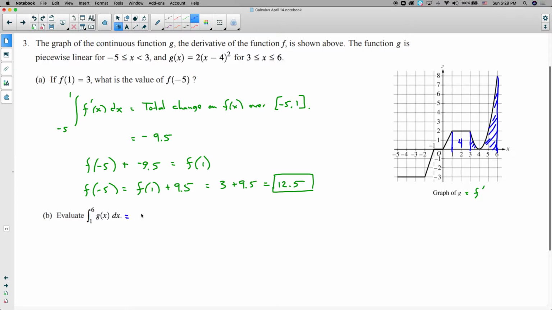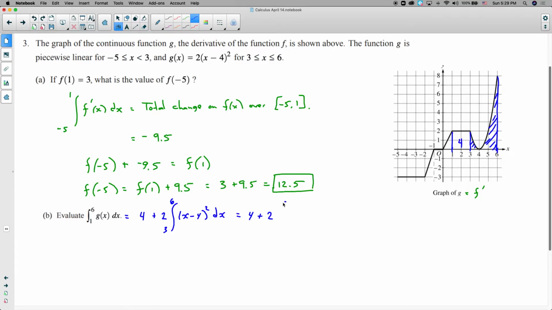So this is equal to 4 plus the integral of the parabolic part, which is 2(x - 4)^2 dx, and we're going to run that from 3 all the way to 6. We could easily do this on the calculator. Of course, this is the no calculator section, so I'll see if I can do it by hand rather quickly.